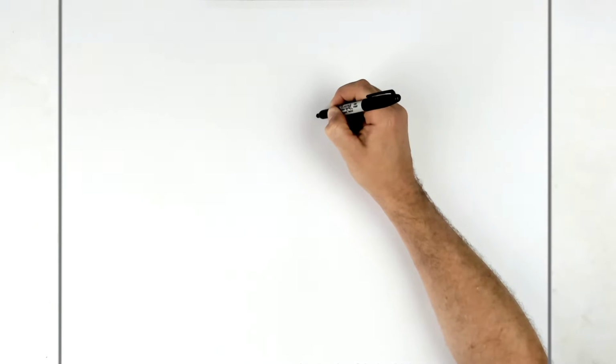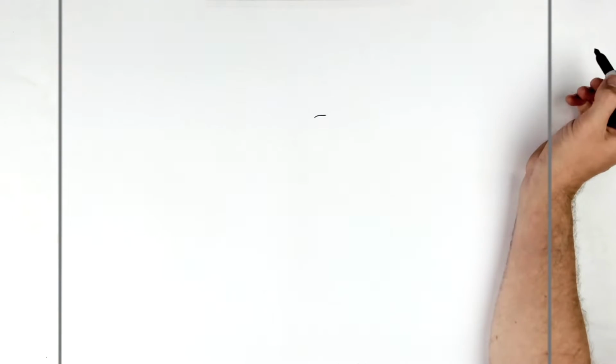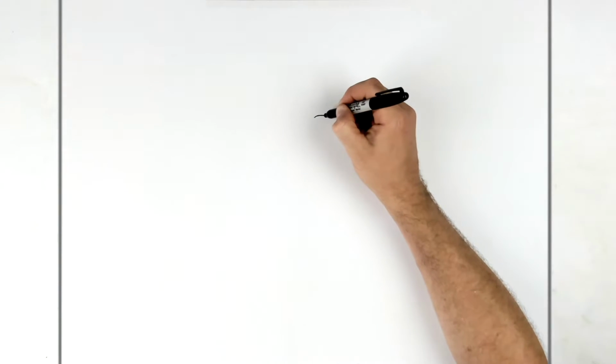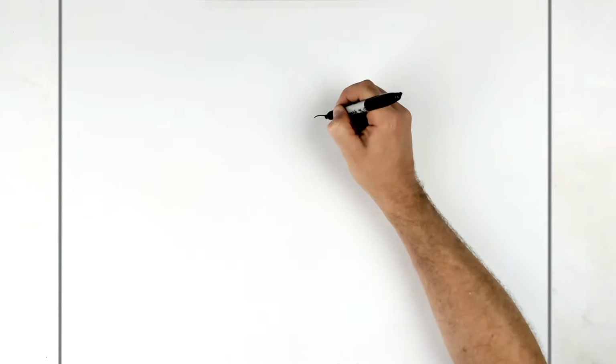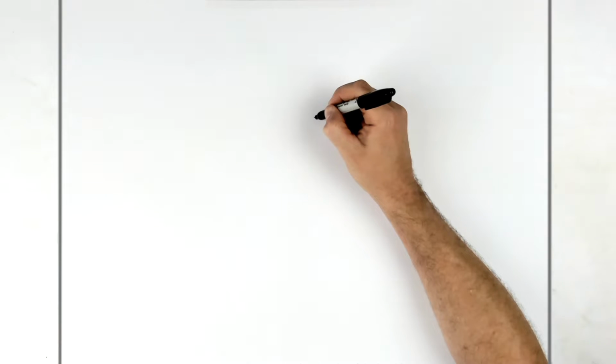So let's just go basic human eye. So we'll go up, across, like so. Bring this down a little bit just here as well. And then we'll bring it back underneath. Over.